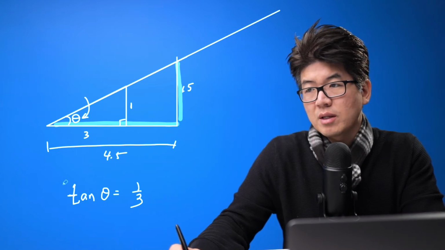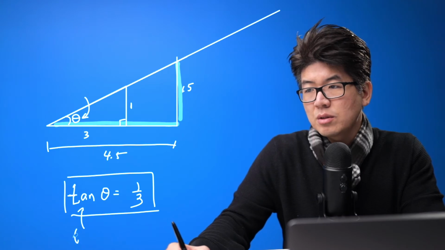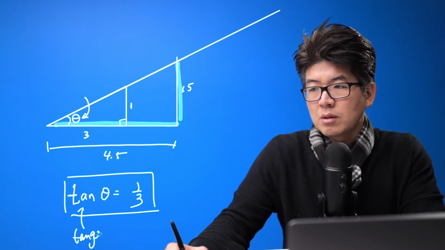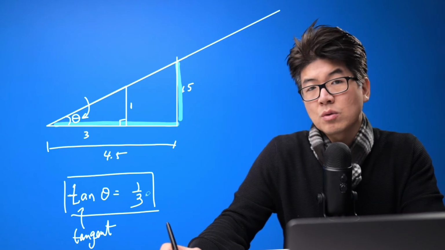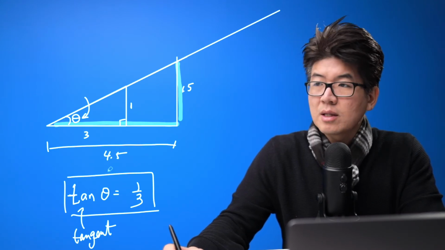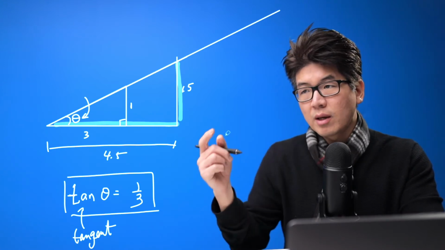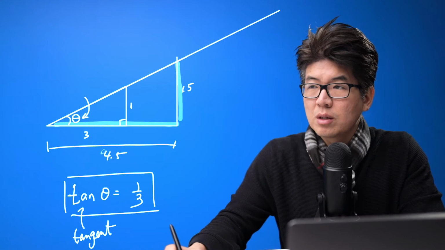That's what this statement means. We call that the tangent of an angle is equal to 1/3. And that angle doesn't change no matter how big of a similar triangle you create to form the ratio of 1/3.